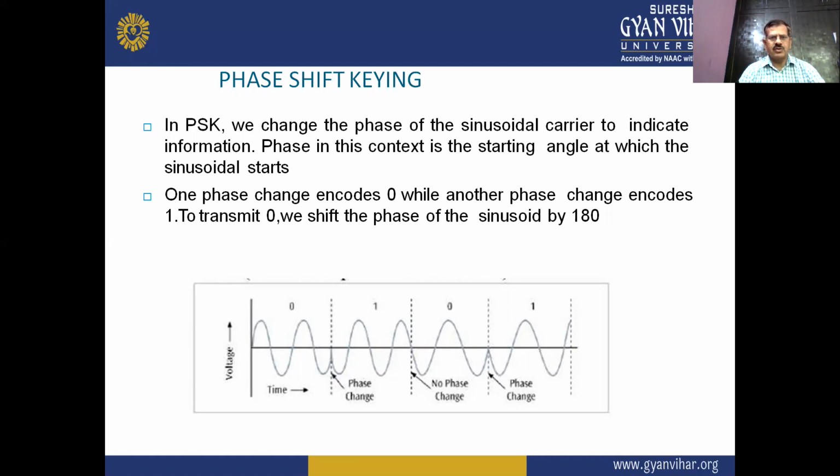To transmit 0, we shift the phase of the sinusoid by 180 degrees, or a pi phase shift. The change in phase is shown in this waveform diagram.